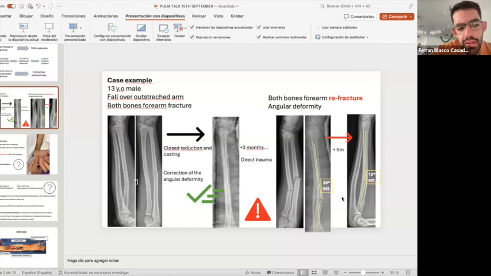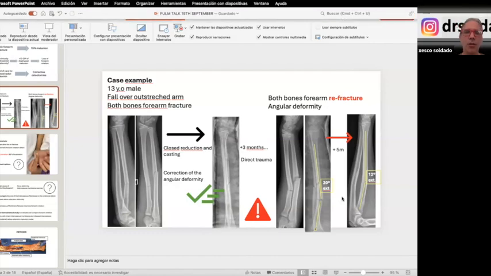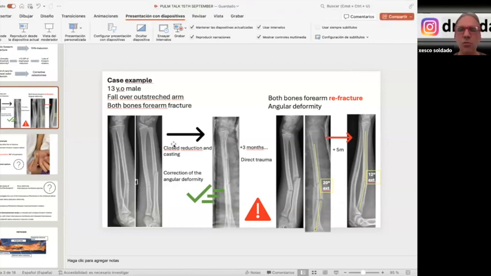I don't think it makes sense to do an isolated interosseous membrane release if the deformity is over 20 degrees. Very good. Thank you, Scott, for sharing the reference. And then they asked what length of the interosseous membrane you release. You answered that, right? Yeah, I already answered, yes.